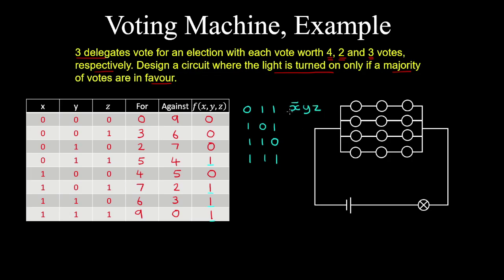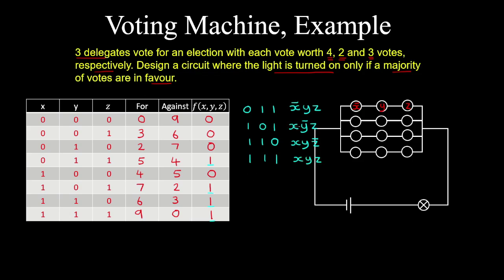So this states if the complement of x and y and z are all true, then the light switches on. And similarly we have x and the complement of y and z. Then we have x, y, and the complement of z, and then x and y and z.